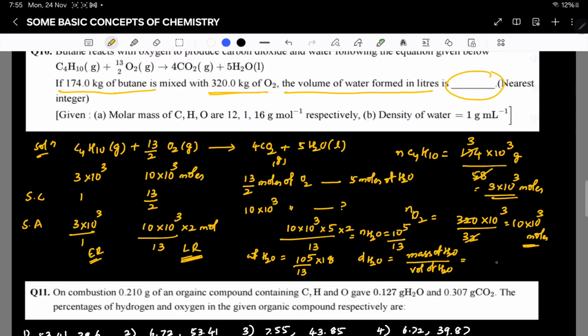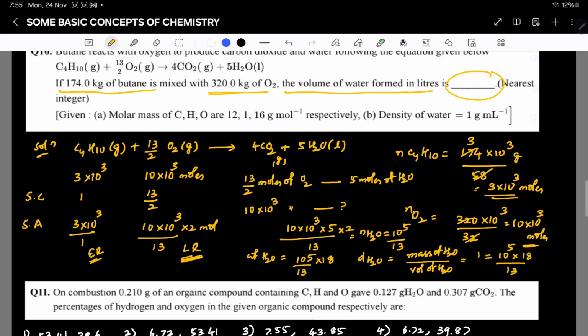The density of water is given as 1 gram per 1 ml. That is equal to 10 to the power of 5 into 18 divided by 13, right?